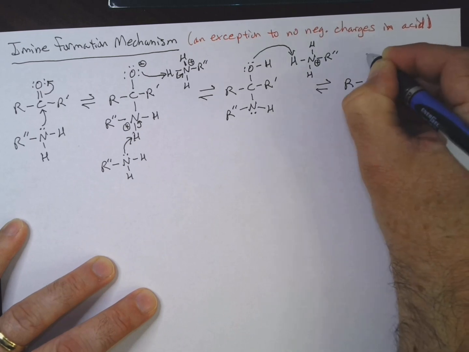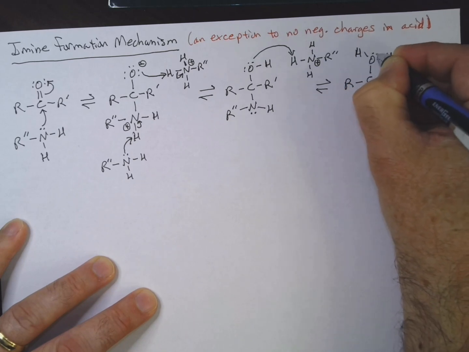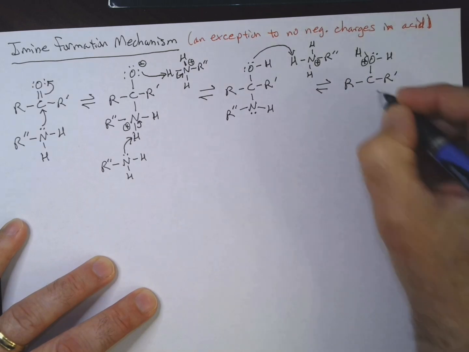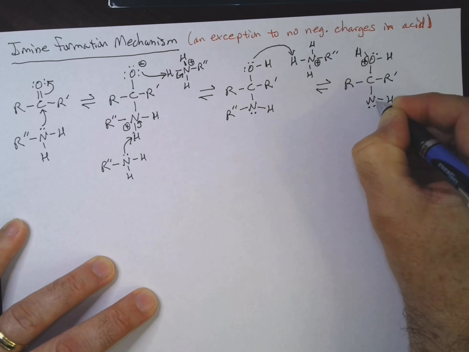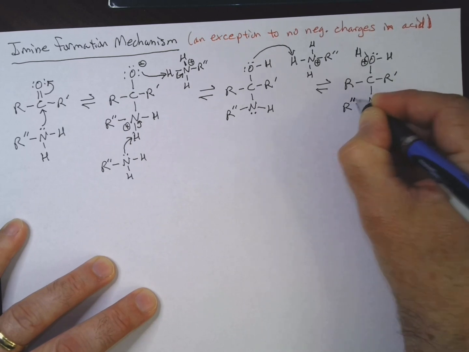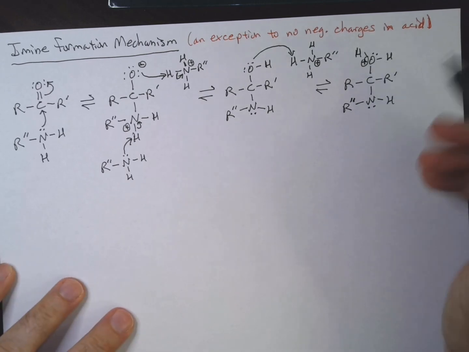So this is starting to look a little bit like acetal formation, right? Because I have my leaving group now.